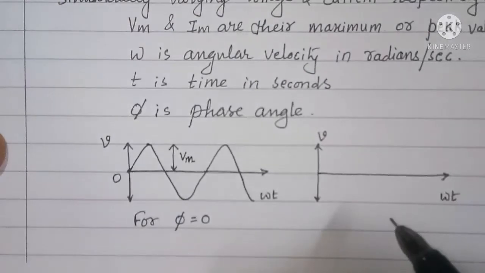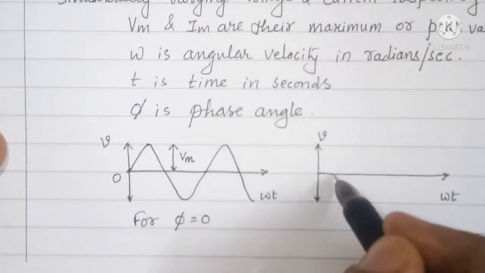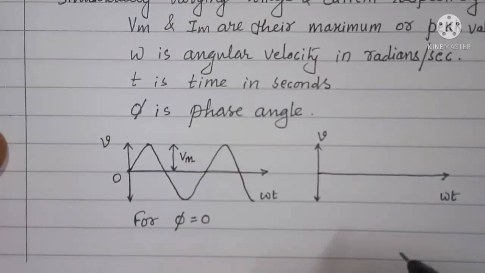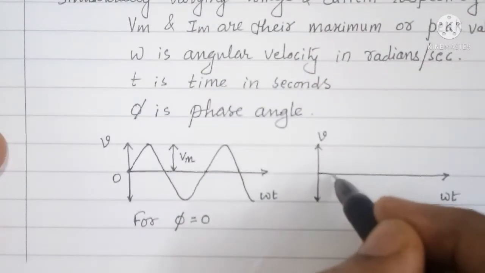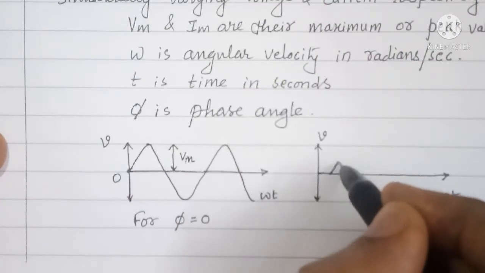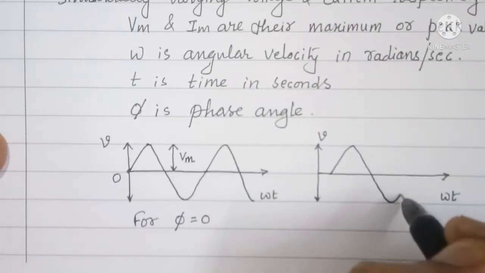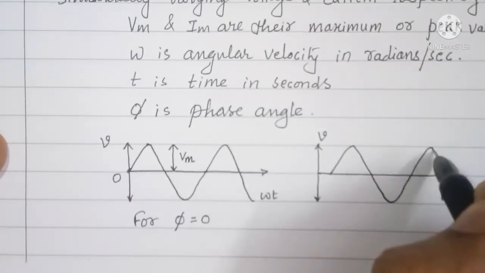If voltage waveform does not start at 0, then phi value will not be equal to 0. For omega t equal to non-zero value, the voltage waveform may start like this.